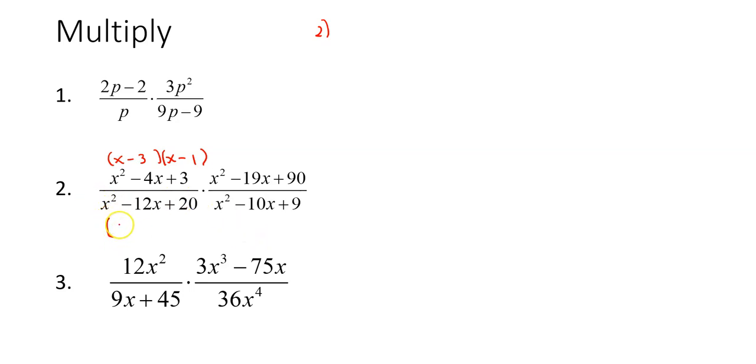Down here, I have factors of 20, same sign, add up to -12, so they both have to be negative. We could think of 4 and 5, but 4 and 5 is not going to add up to 12. How about 10 and 2? Right, foil that back. X squared minus 12x plus 20. Good.